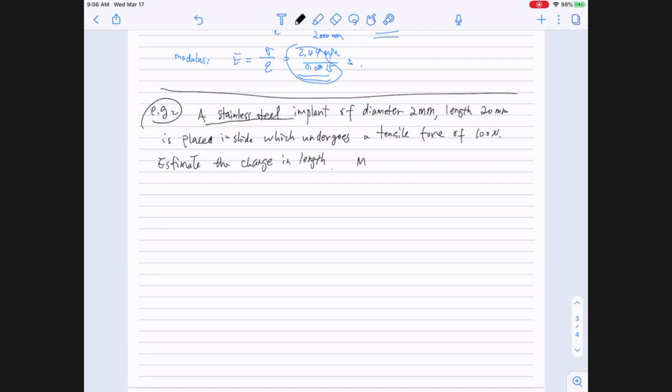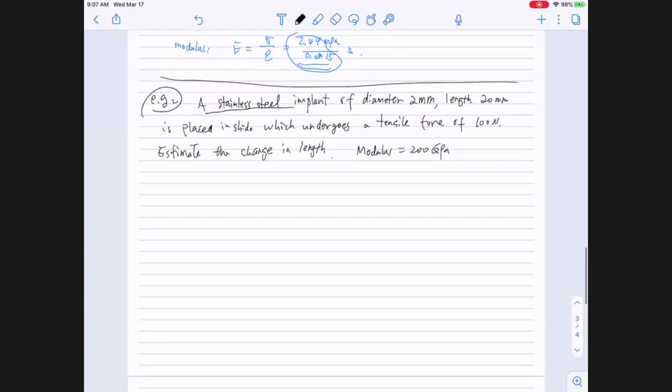We have a modulus of 200 gigapascal. So we know the diameter is 2 millimeter, the length is 20 millimeter, and we know the cross-section area.